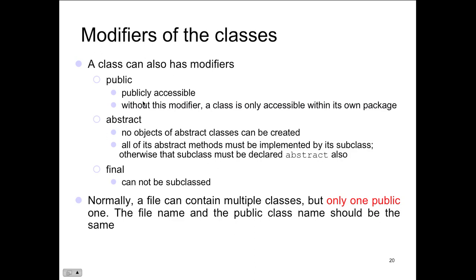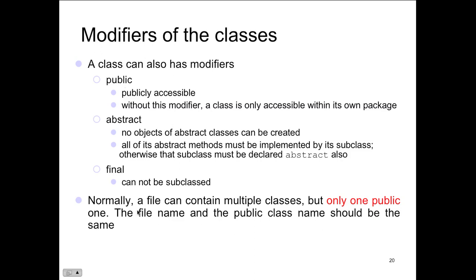Public is what you're going to use right now. It's going to make everything available. Without this modifier, the class is only accessible within its own package. So you can actually leave out public if it's in the same directory and you're not using a package, because packages are directories in concept. I'll talk about packages in a future lecture as well.